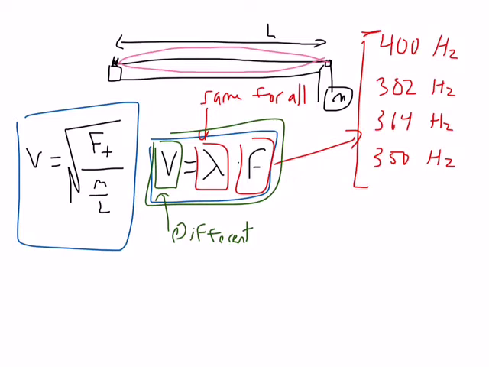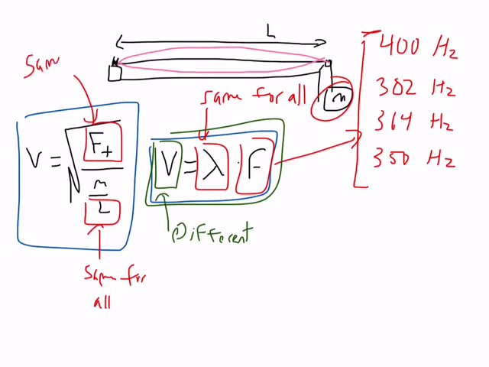Now we can look at the equation for the velocity. We are told that they're all string length L, which is the same for all. And because the hanging mass is the same, the tension force must be the same.